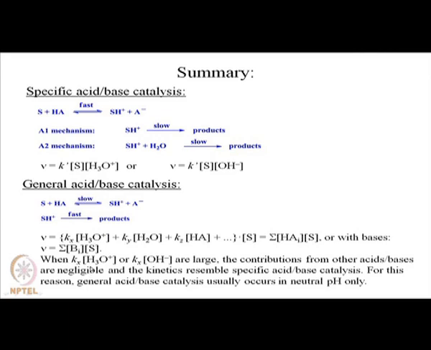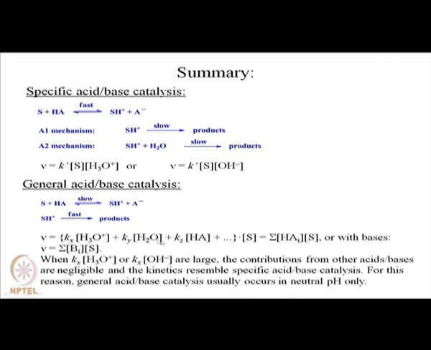Now when the concentration of H3O plus or OH minus is large, the contribution from other acids and bases is negligible. That means in general acid base catalysis, the overall velocity of the reaction is proportional to the contribution from H3O plus, plus the contribution from water and also from HA, that is from the acid.